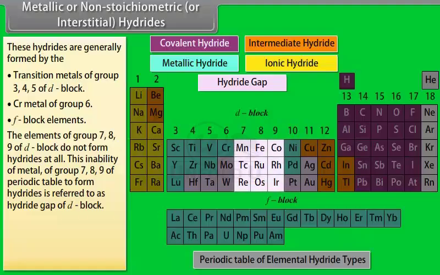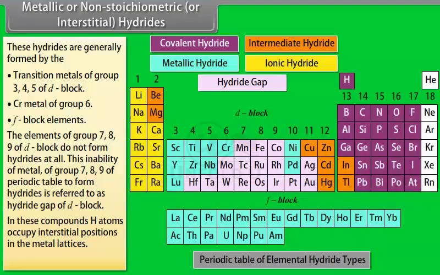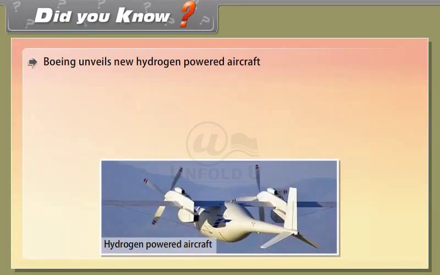This inability of metals of group 7, 8, 9 of the periodic table to form hydrides is referred to as hydride gap of d-block. In these compounds, H atoms occupy interstitial positions in the metal lattices. For example, ScH2, LaH2.87.